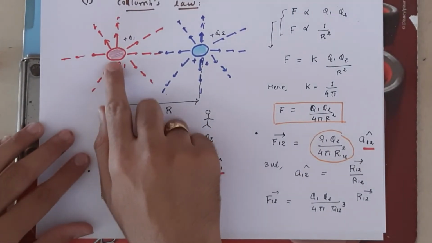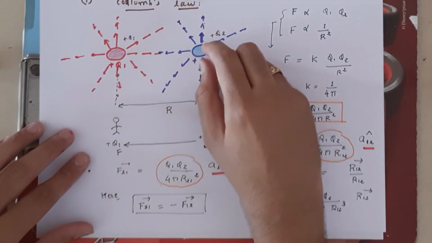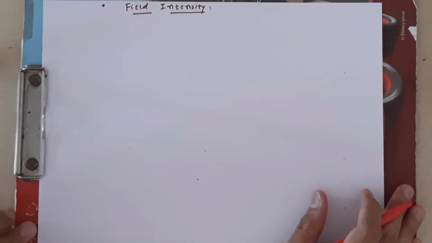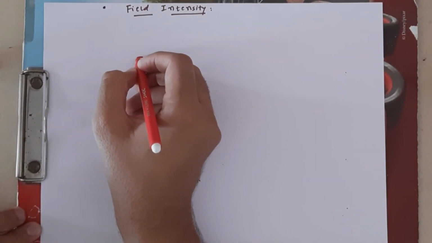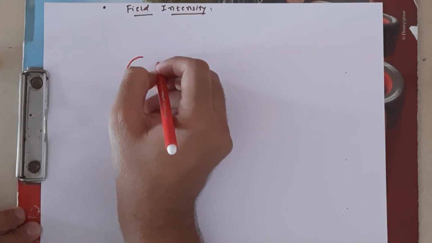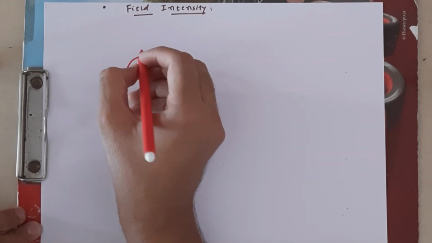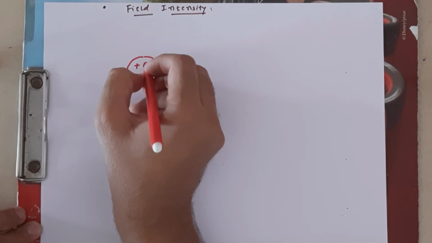I have to consider that this red charge is very big and this blue charge is very small. So to understand the concept, I consider that one big charge is present here, which is plus q1.